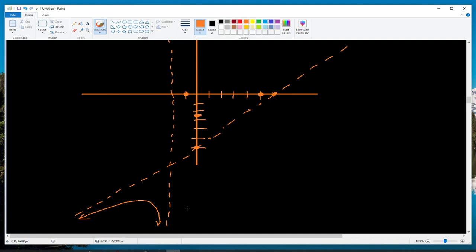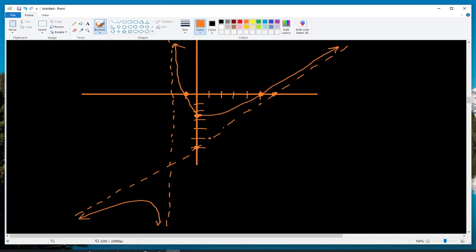Then for the rest of the graph, we have these 3 intercepts that are all on the top side. The only way we're going to be able to pick those intercepts up is if our graph is on the top side like that. And this should be pretty close to what our graph looks like.